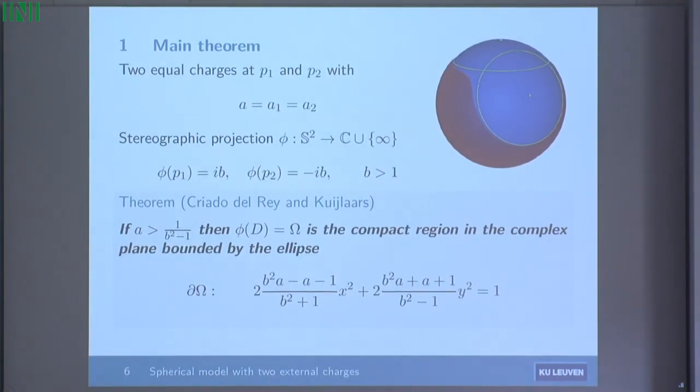It actually means that we put the North Pole, from which we do our stereographic projection, in between these two points. So we rotate the sphere from this picture so that this midpoint here is the North Pole, and these two points are still in the northern hemisphere, and then they project onto this, and we do our projection in this way. And b is bigger than 1.